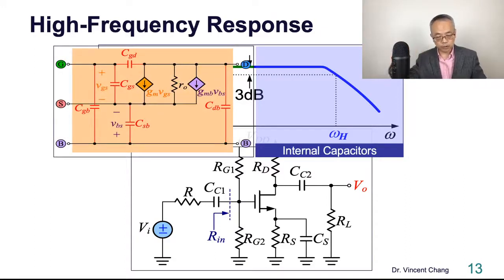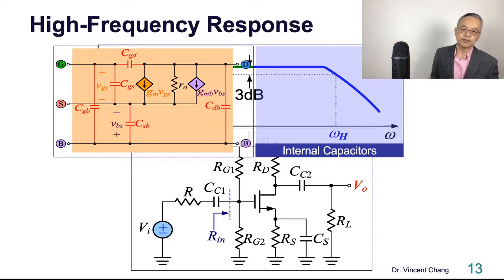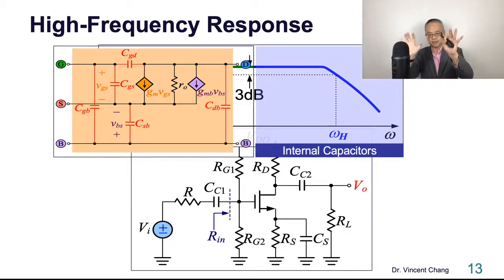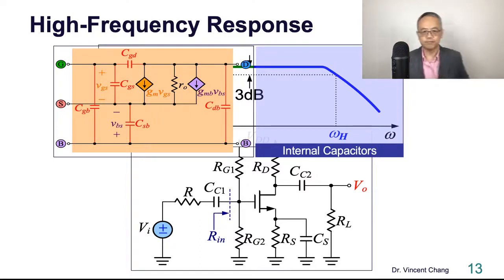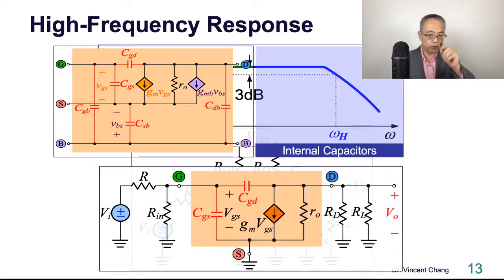But for the inside, I suppose you have learned the semiconductor device high frequency model, right? Five capacitors are involved. Those are the high frequency device model. If we neglect the three, CGB, CSB, and CDB, and only focus on CGS and CGD, gate to source and gate to drain, what does this equivalent circuit stand for?